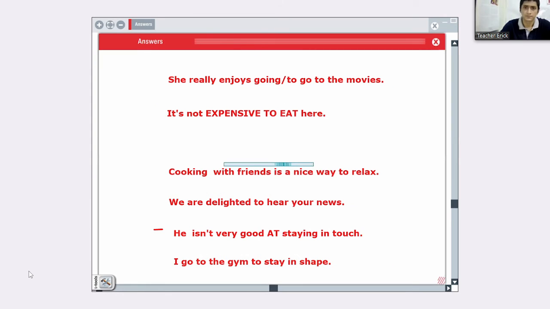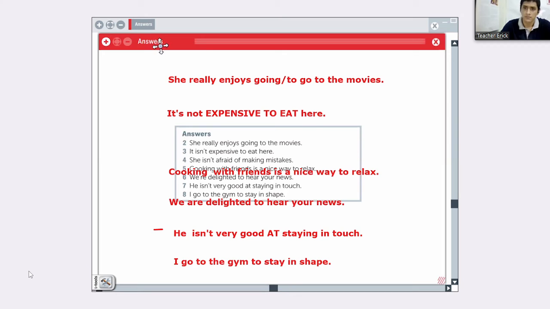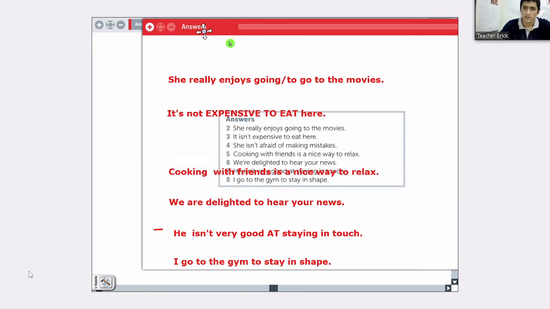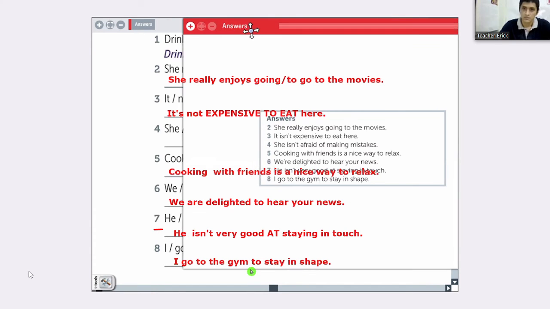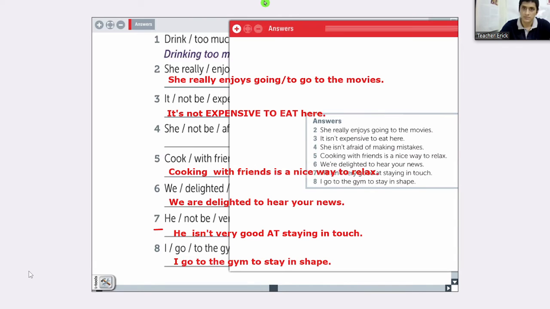So number 1, she really enjoys going to the movies. Number 2, it is expensive to eat. Adjetivo y después infinitivo. Afraid, preposición of, making.